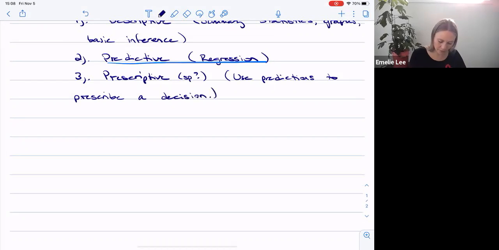If you predict that you are going to sell less than $1,000 worth of whatever, then maybe you shouldn't be doing it at all, or maybe you should increase the number of man hours. So now you're attaching some decision to the prediction. But first we need to know how to predict stuff.